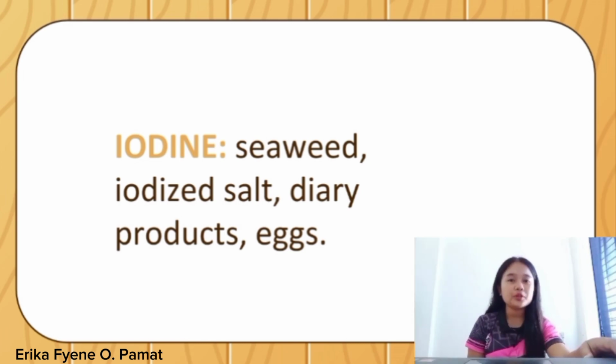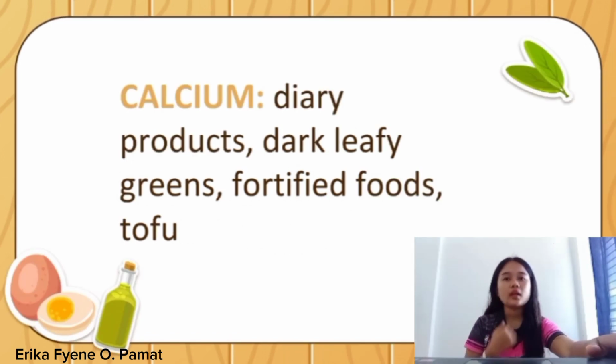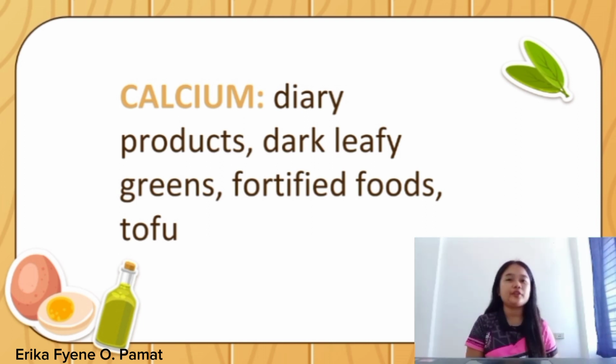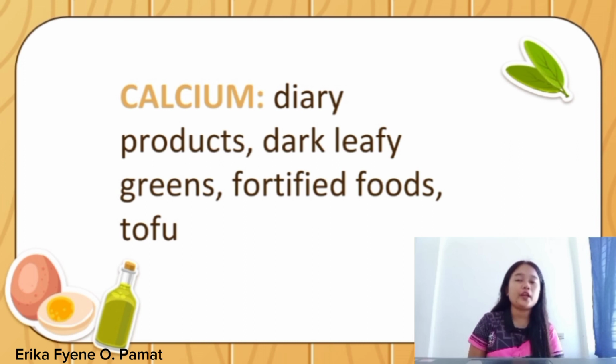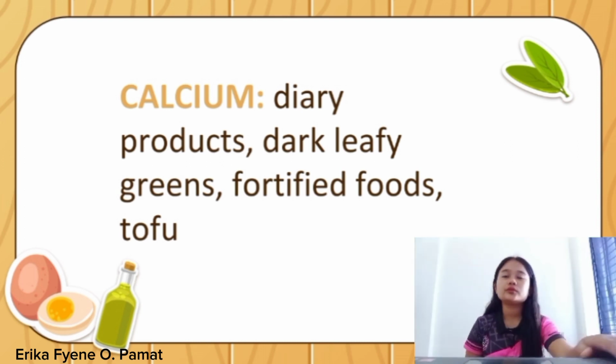The other micromineral is iodine. It is from seaweed, iodized salt, dairy products, and eggs. Next is calcium. It is from dairy products, dark leafy greens, fortified foods, and it is also found in tofu.